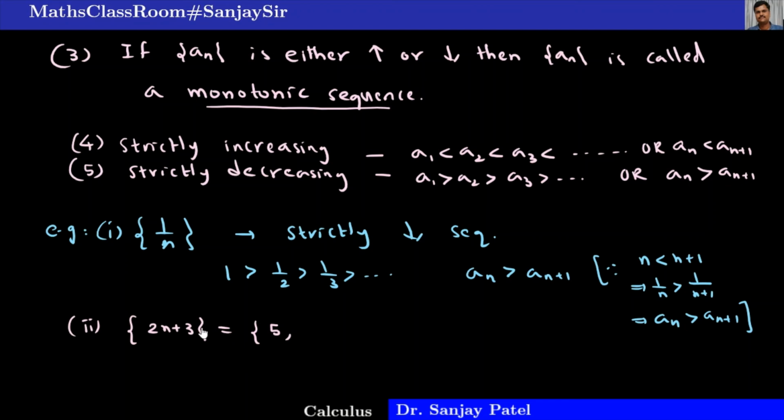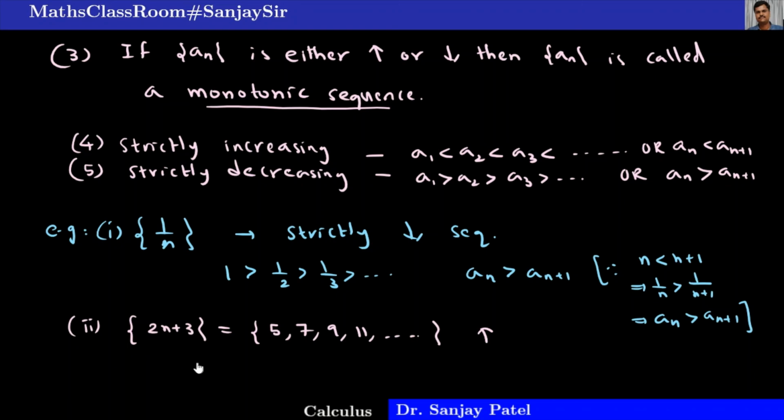For n equal to 2, 2 times 2 plus 3, that is 7, then 9, then 11 and so on. So you can see that these values go on increasing, so it is an increasing sequence. Mathematically, we can prove it this way. If you take two consecutive terms, say an and an plus 1, so an is 2n plus 3 and an plus 1 is 2 times n plus 1 plus 3.